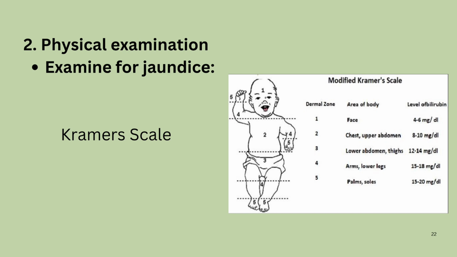Dermal zone 4 refers to yellowish discoloration of skin over forearms and lower limbs. Again, that indicates the bilirubin level of 15 to 18 mg per deciliter. And the last one, dermal zone 5 indicates yellowish discoloration of all the above, including palms and soles. That indicates the bilirubin level more than 15 to 20 mg per deciliter.